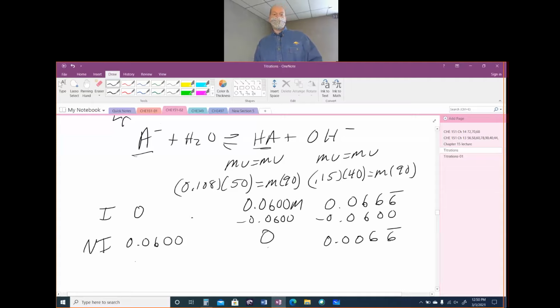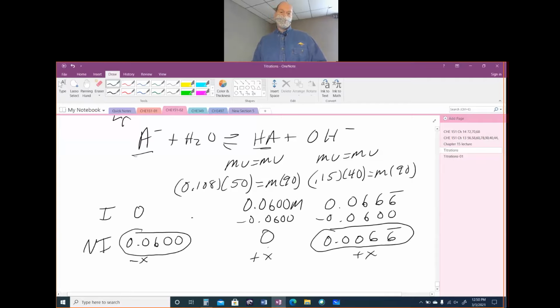All right, so we'd have to go minus X, plus X, plus X. But remember, when you have a starting concentration of a reactant and a starting concentration of a product, you always neglect your X, and that initial value is always your final answer. You never have to check it.